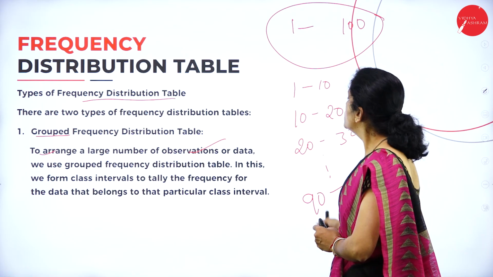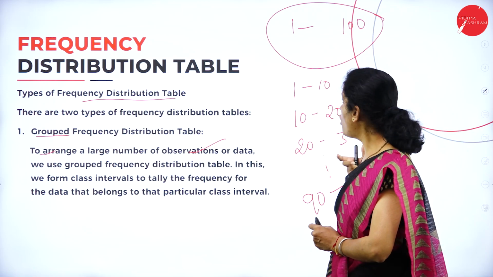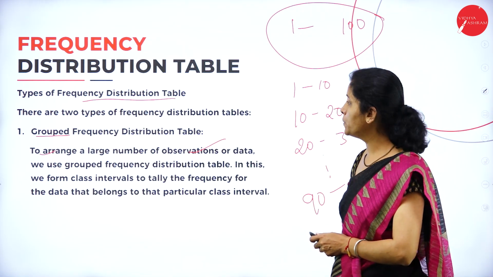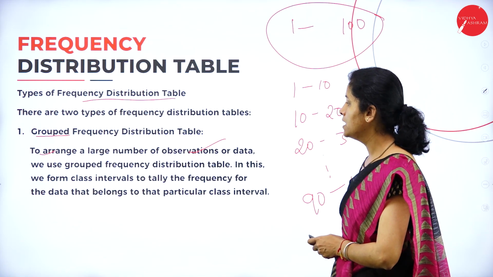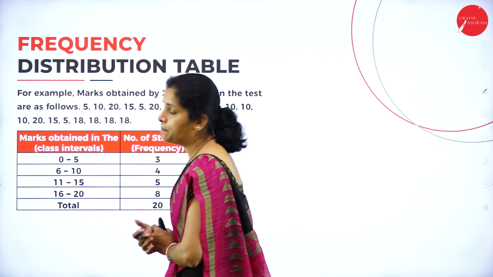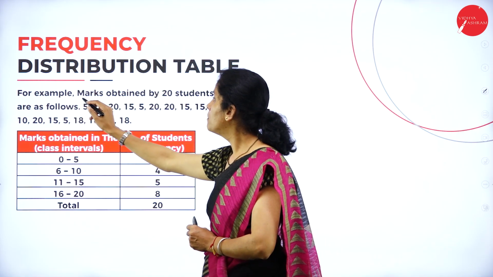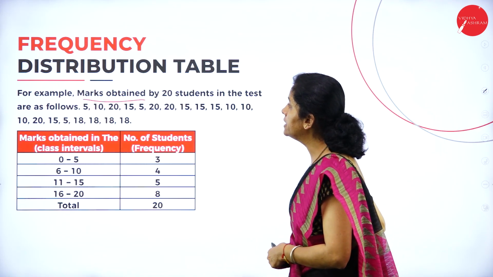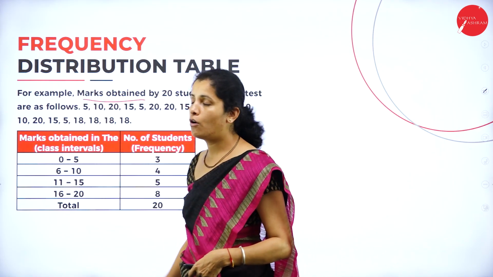Okay, so to represent the data in the form of groups, I'm going to have a grouped frequency distribution. Now dear student, see here, this is the example problem I have. Marks obtained by 20 students in the test are as follows.